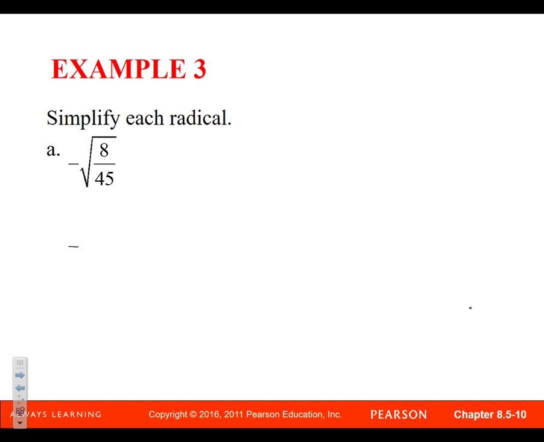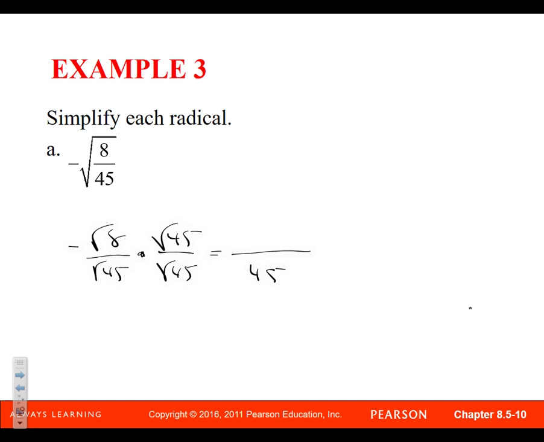How about this one? So let's see here. Negative radical 8 over radical 45. Can we do anything with 45? 3 times 15, 5 times 9. Do we want to do it right now, though? No. So square root of 45, square root of 45. That's going to leave me with a denominator of 45.